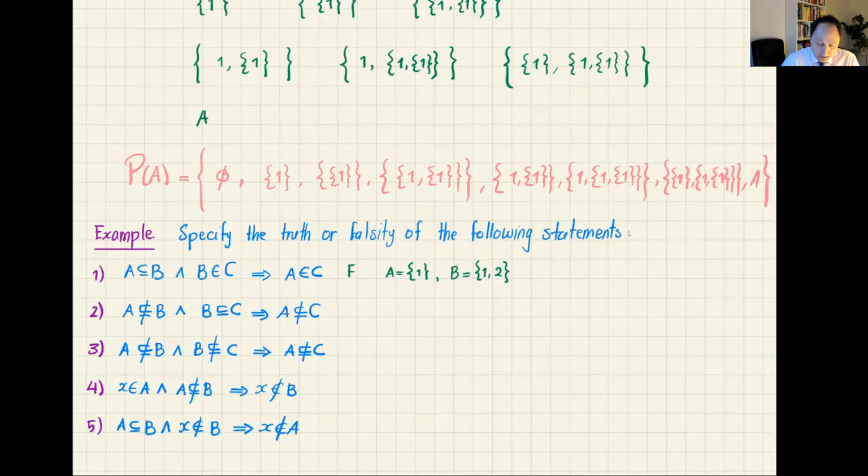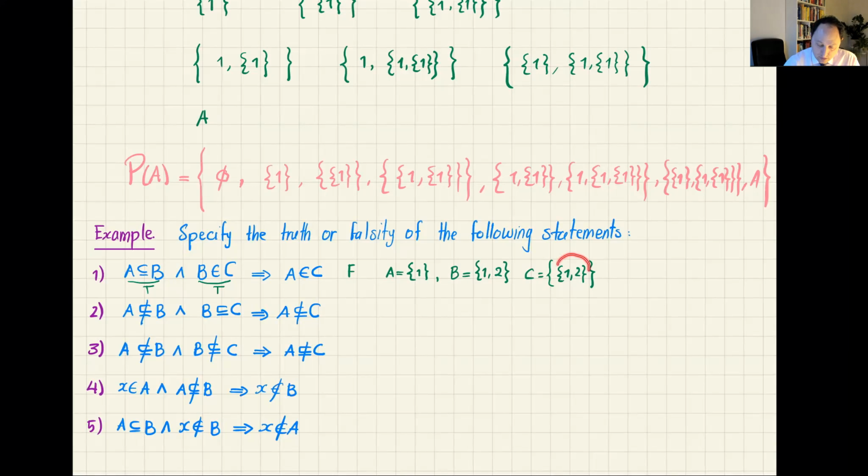But I want to write C in a way that B belongs to C. So if I want to give an example of a C, first of all, B should belong to C. So I would write just this one. Okay, and I think I can stop just here. I hope that you agree with me. With these examples that I have provided, this is true because A is a subset of B. This is also true because B belongs to C. When you see inside C, you see B as an element, yes?